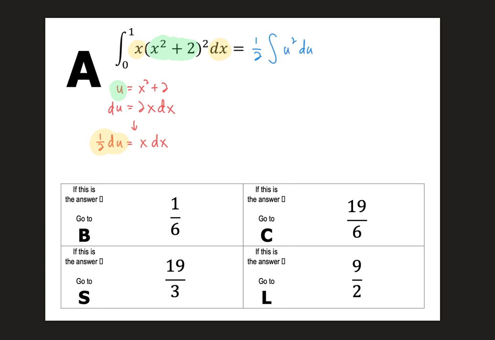All right, and then we'll remember to change our limits if we have a definite integral. So we'll take u of the top limit, u of the bottom limit. So plug in 1, you get 3, 0, you get 2.